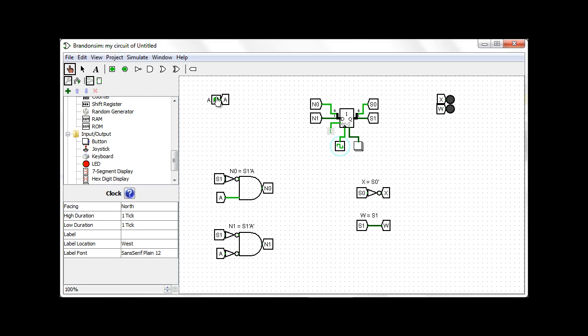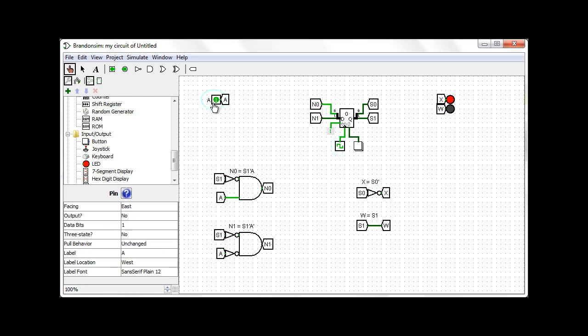Now if I change A to be 0 and I hit the clock, it's going to go to the next state, which was state 1, 0, and both X and W were outputted to the user. Then no matter what I choose for A, it's going to go to state 0, 0 again. So if I clock it, it's going to go back to state 0, 0, where X was shown to the user and W was turned off.